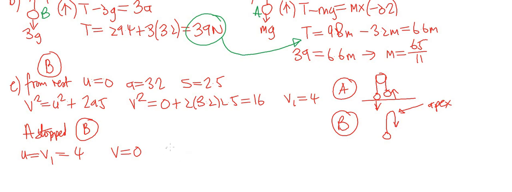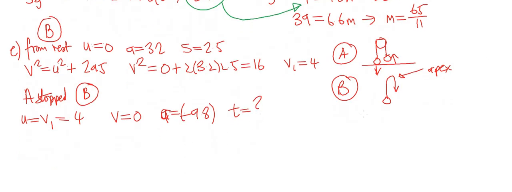Okay, we know that the acceleration is equal to minus 9.8 because the only force once A has stopped making it move is gravity, and that's in the opposite direction. And we don't know what t is. That's the thing we're trying to find. So now we link them together. Okay, we can use v equals u plus at.